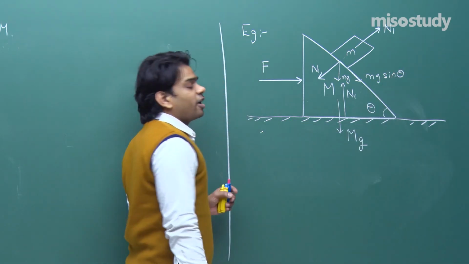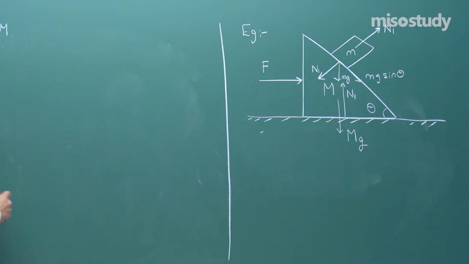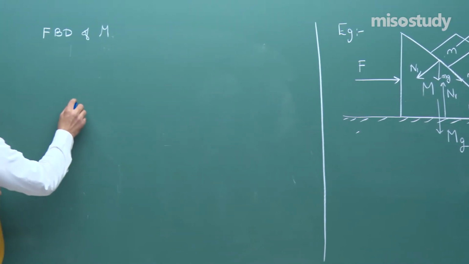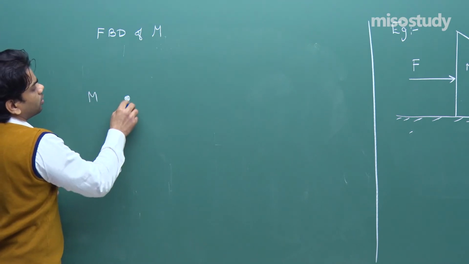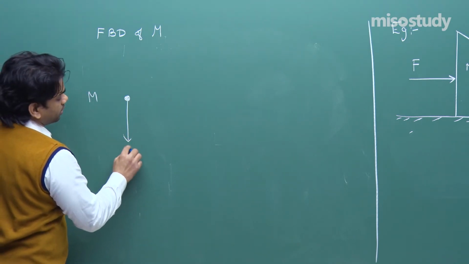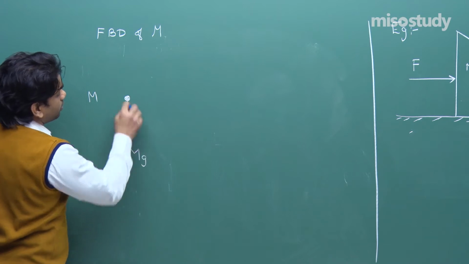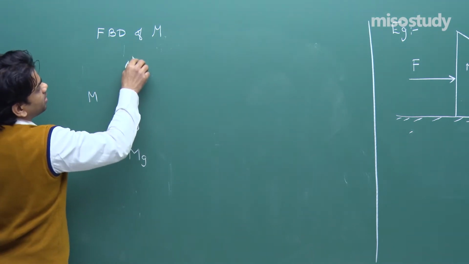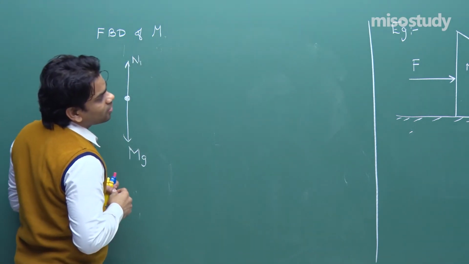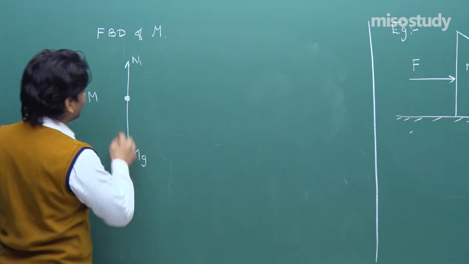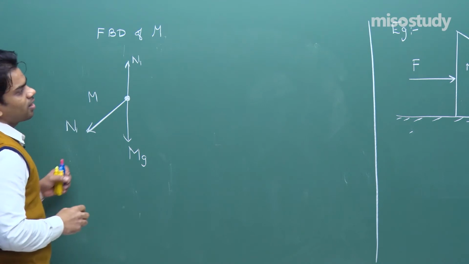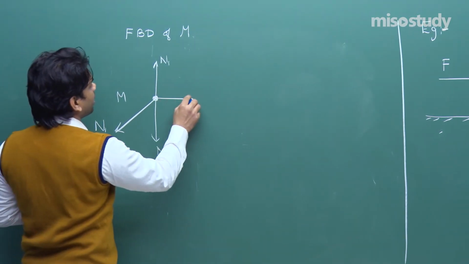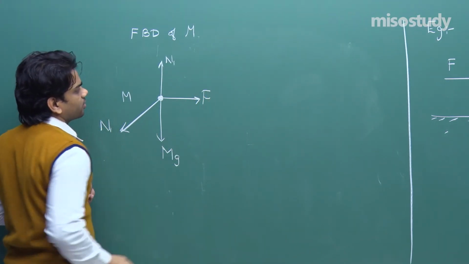Let's make the FBD of capital M here. The forces acting are the weight capital Mg, the normal reaction by the ground taken as N1, the contact force by the small block that is N1 which we have marked, and the force capital F, the external force acting here.